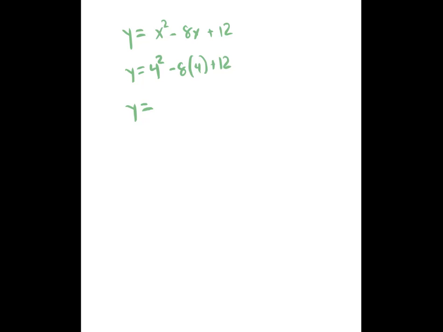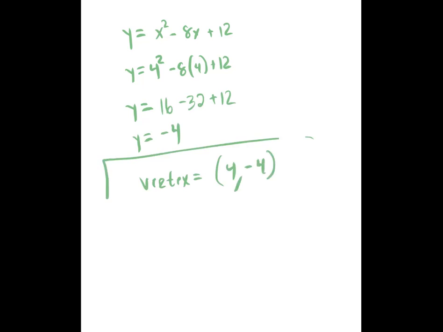So what do we get here? This is 16 minus 32 plus 12, right? -4. There you go. So your vertex: our x was 4, our y was -4.